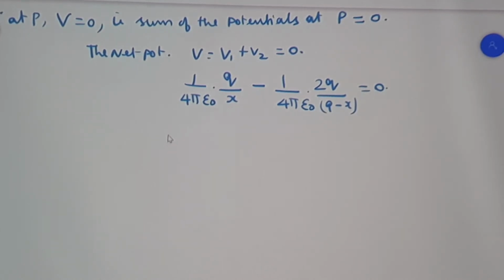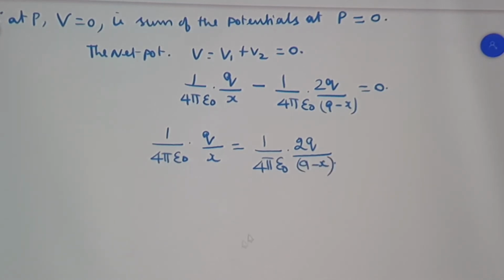How to simplify? See, 1 divided by 4 pi epsilon 0 into q divided by x is equal to, take this to the other side, 1 divided by 4 pi epsilon 0 into 2q divided by 9 minus x. Simplify this: 1 by 4 pi epsilon 0 and q will get cancelled.